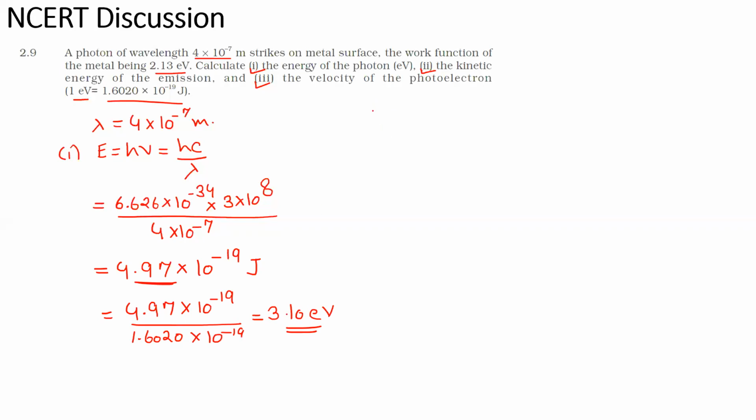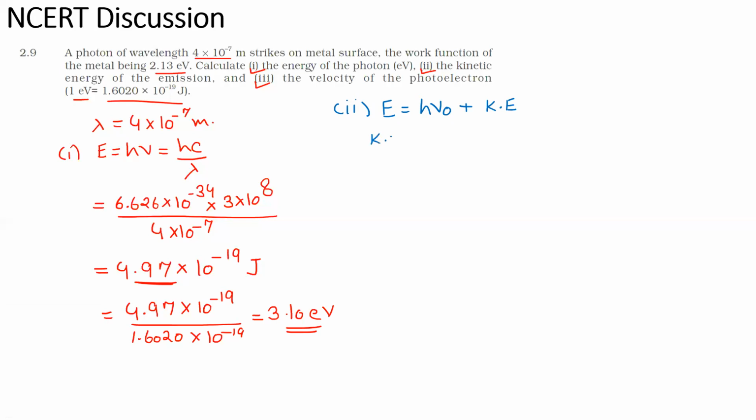It is asking about the kinetic energy of the emission. So we know that the entire energy of the photon is equal to the work function, the energy required to eject an electron, plus the kinetic energy of the ejected electron.